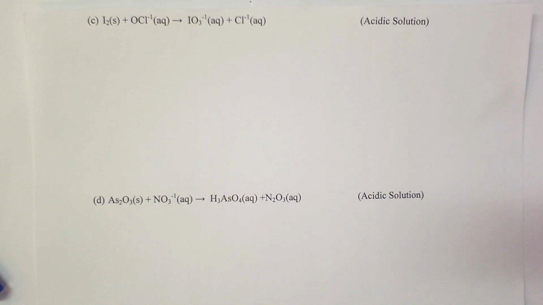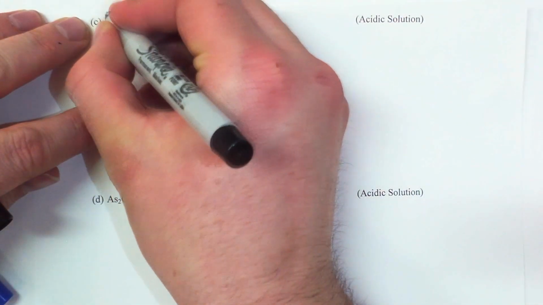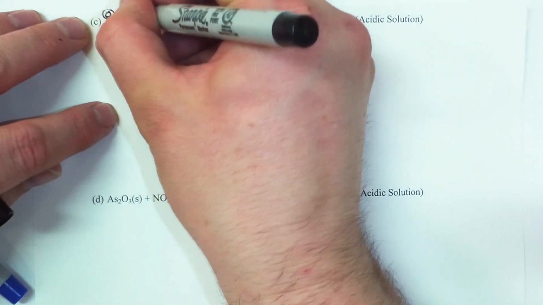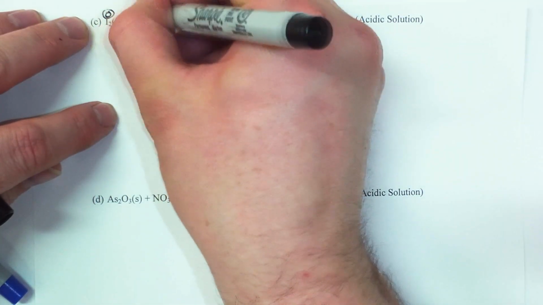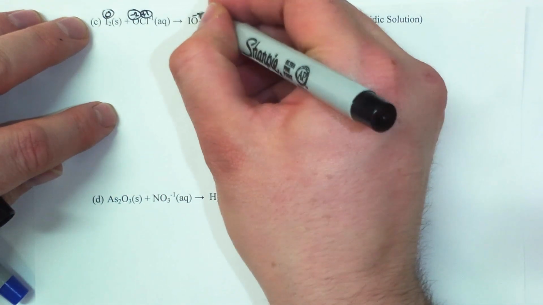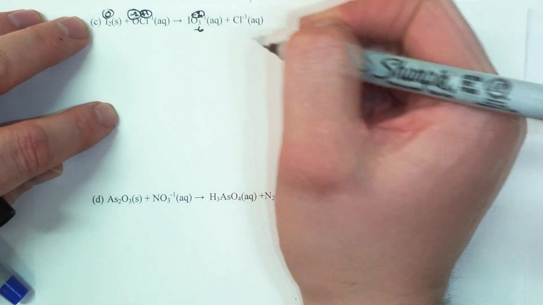So the next one we're going to look at is a little bit more straightforward. As always, we're going to assign our oxidation numbers. Iodine in its pure state is 0, -2, and +1. -2, 3 times -2 is -6.